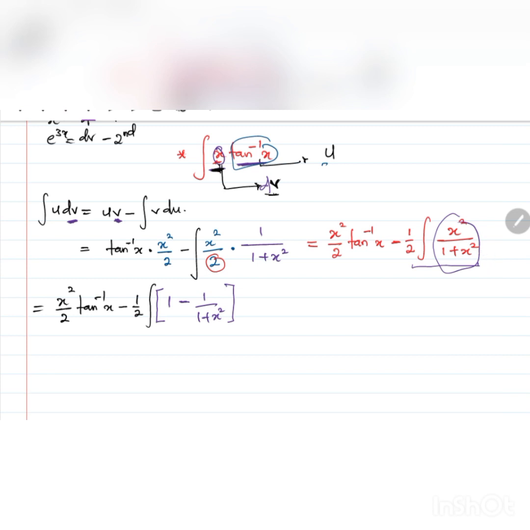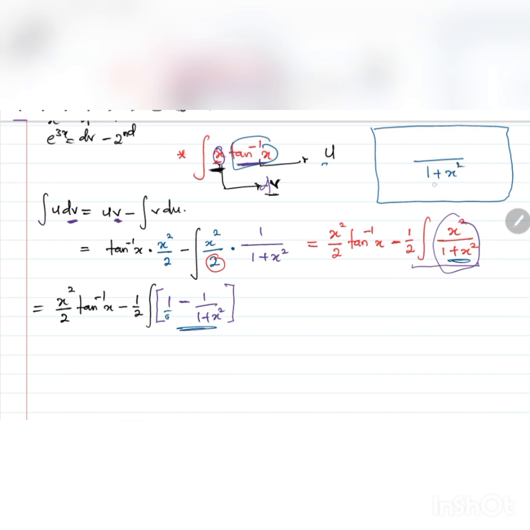To check that it is correct, we can write 1 as 1 over 1 and find the LCM, which is 1 plus x squared.